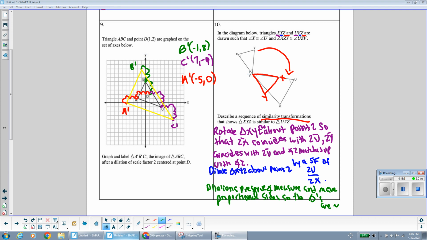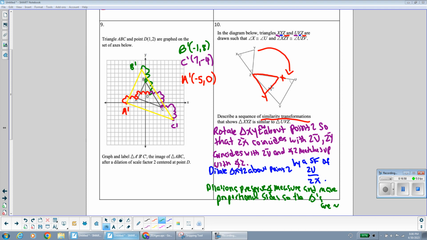So if I take a side from the bigger triangle, a side from the image, divided by the corresponding side from the pre-image, then that should give me the scale factor. And that scale factor holds for all three pairs of corresponding sides because dilations make similar triangles, which are proportional by the same scale factor.